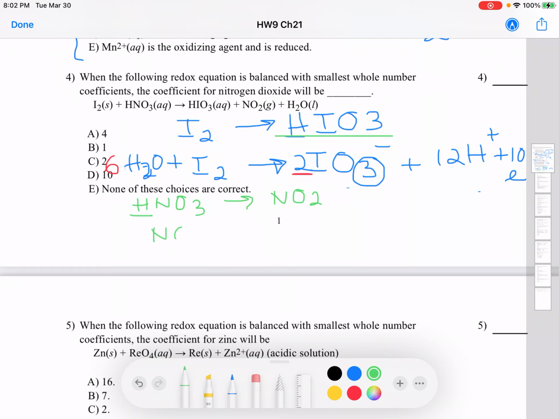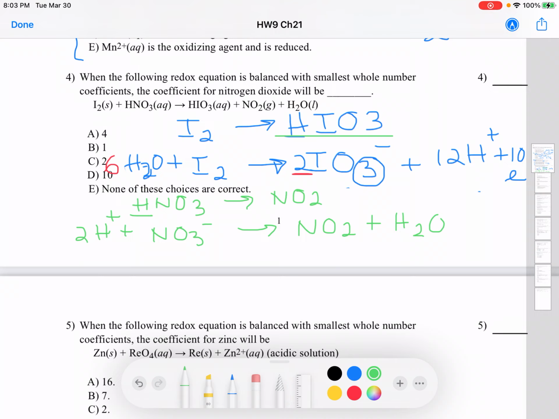We just isolate the anion. Nitrate goes to NO2. One nitrogen, balanced. 3 oxygen, 2 oxygen. So you need to put 1 water molecule this side. And then for that 1 molecule, we added 2 hydrogen, so that will make it 2H plus. Now all the atoms are balanced.